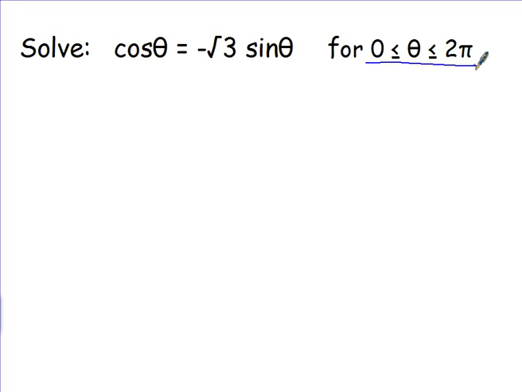Now for this we've got a sine and a cos involved, and with a little bit of manipulation, if we divide both sides by cos, we can basically use the idea that sine theta over cos theta is equal to tan theta.